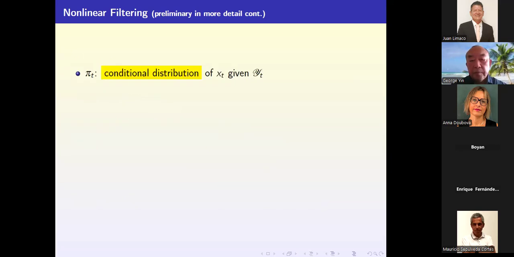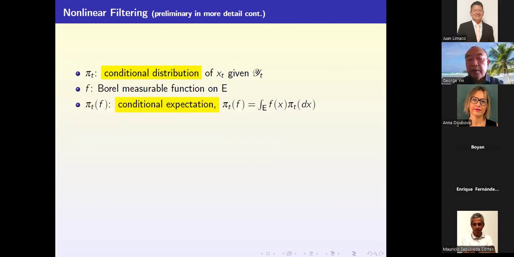Now we use pi_t to denote the conditional distribution of the state X_t given the information up to time t, or script Y, and f is a Borel measurable function on the complete separable metric space.